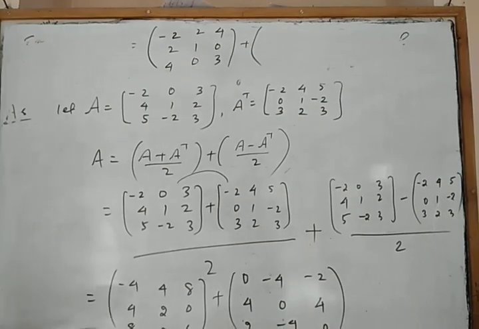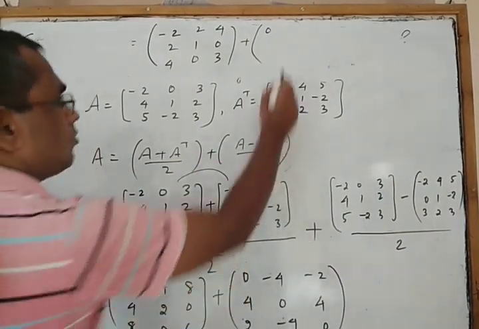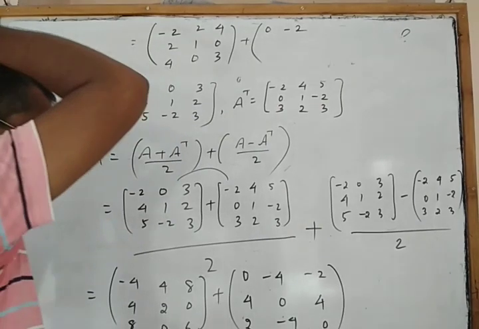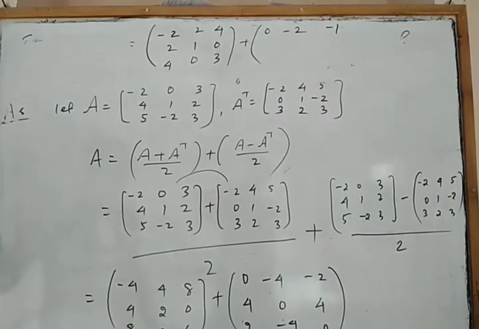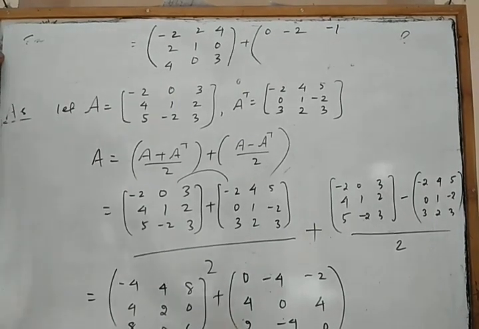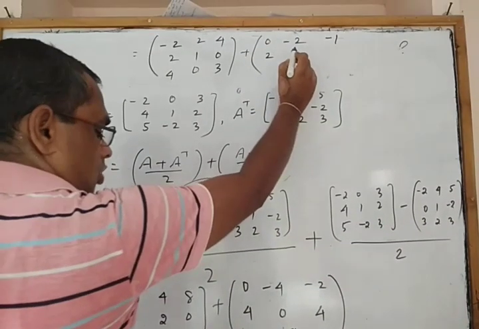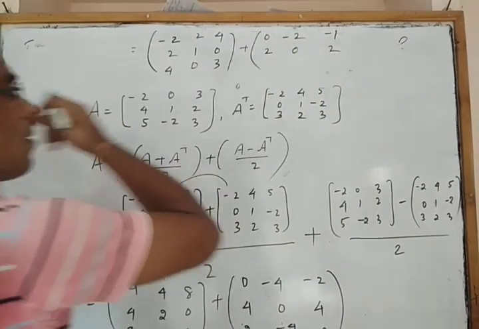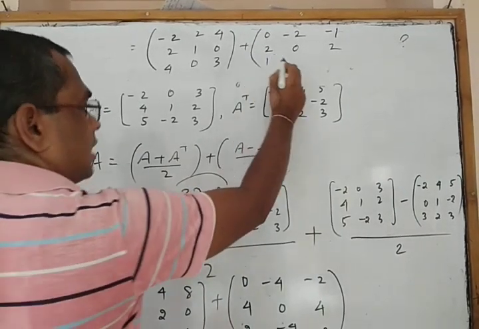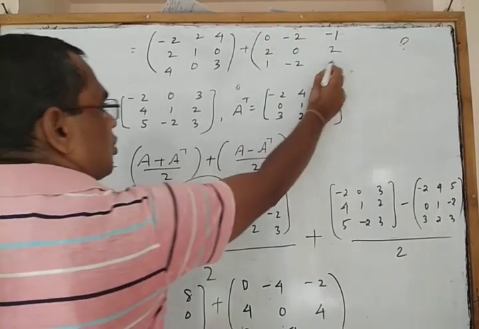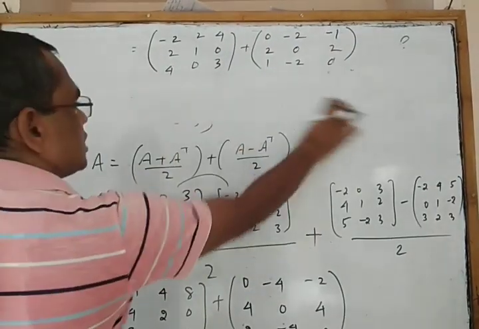Plus 0, -2, -1, then 4 by 2 is 2, 0 by 2 is 0, 4 by 2 is 2, then this is 1 and this is -2 and this is 0. So clearly this is a symmetric matrix.